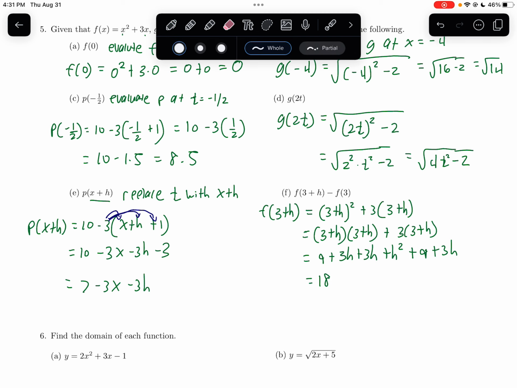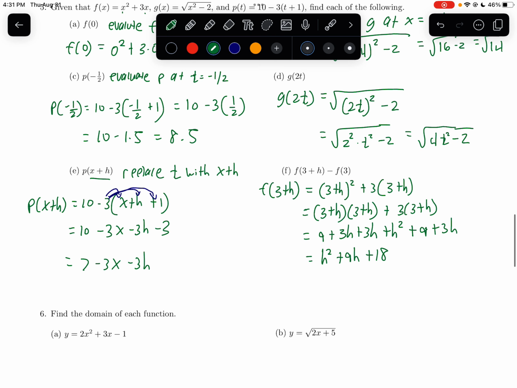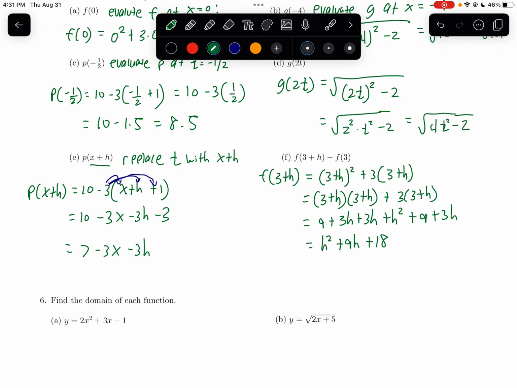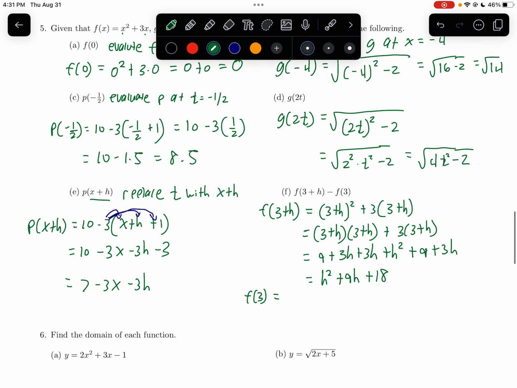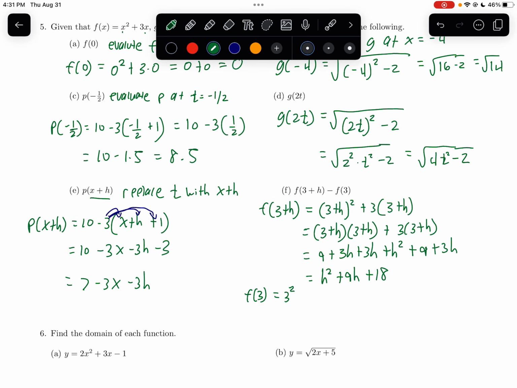So maybe we'll do the h squared first. So h squared, you have 3h, 3h, and 3h. That's 9h. And then plus 18. Now, that's not the whole answer, right? We need to do f of 3 and then subtract these results. So f of 3, you evaluate the function at 3, you get 3 squared plus 3 times 3.